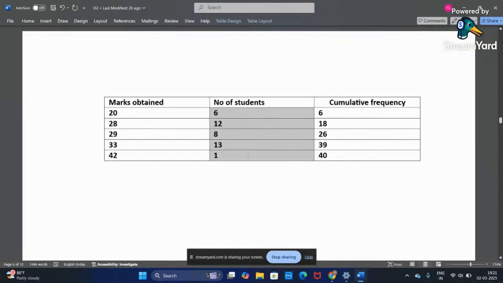What is the total number here? The total number of students is 40. This 40 should be the same because we are adding, so this and this should be equal.